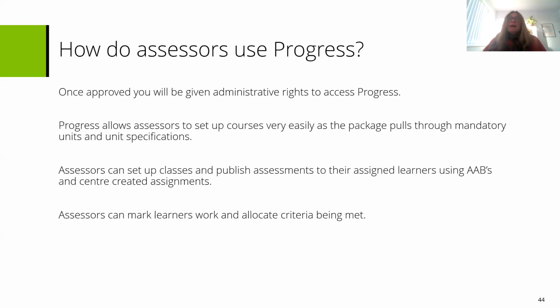But that is free. You give it administrative rights. You do need to have a look at it and allow some time for training on it. It's not as straightforward as just uploading your assignments and you're ready to go. You need to look at how that works and how feedback is recorded and so on and so forth. But your regional quality manager will be able to advise on that as well.